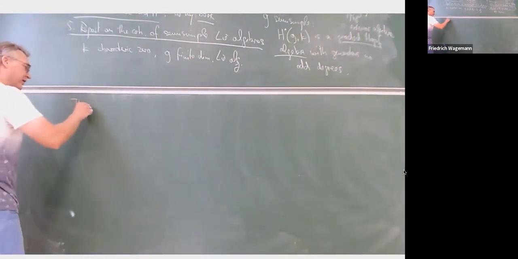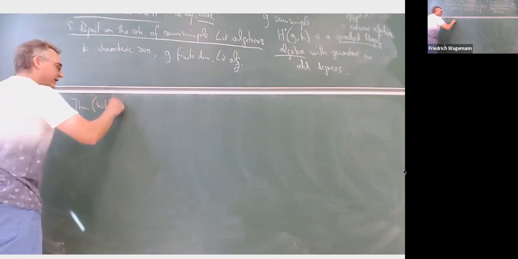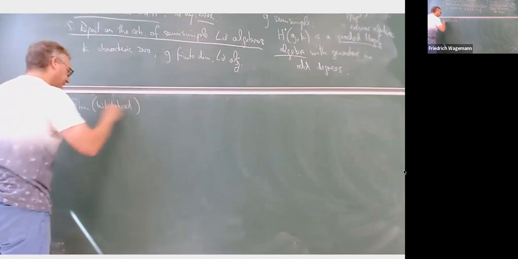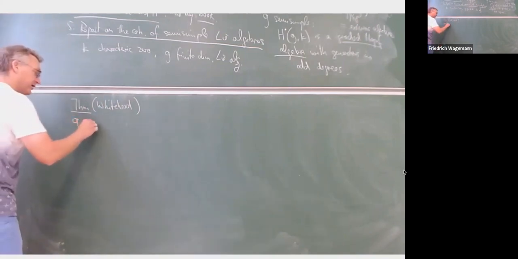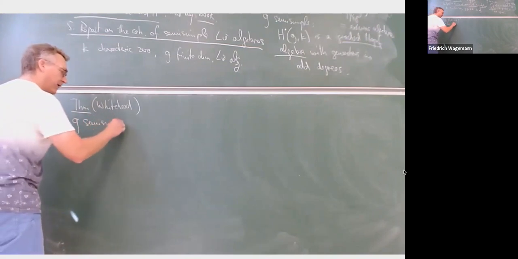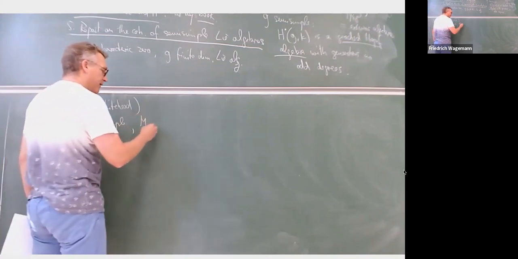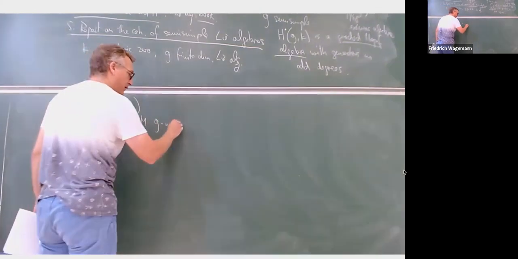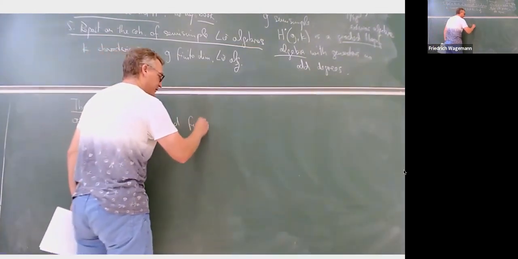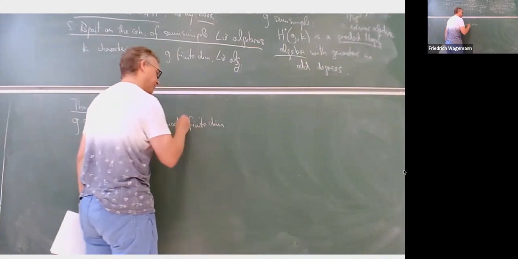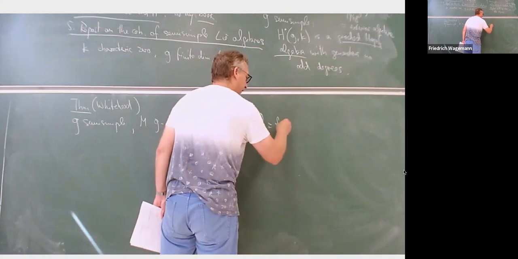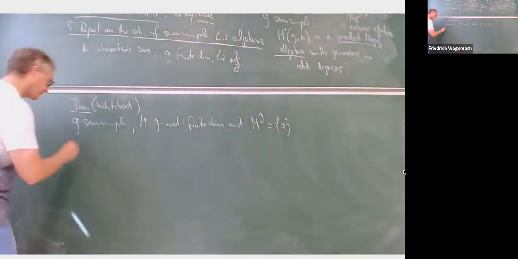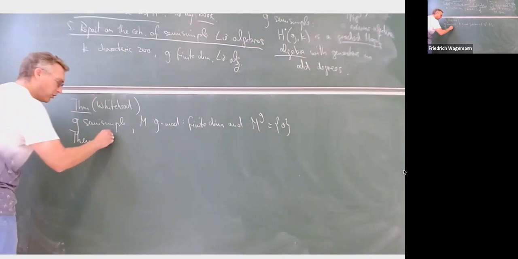And so let me finish with Whitehead's theorems. So first the theorem: G semi-simple, M a finite dimensional G-module with trivial invariants, then all cohomology vanishes.